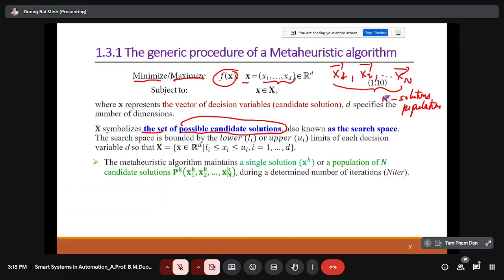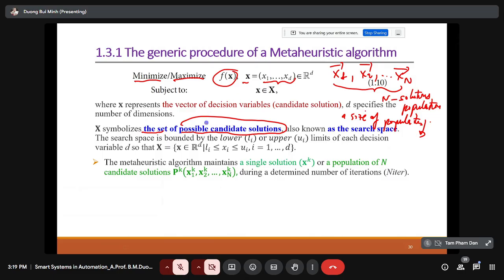But if we have a smaller population, maybe you get trapped, stuck at a local minimum or local optimum. So sometimes we increase the size of the population, sometimes we decrease it. It depends on experience.